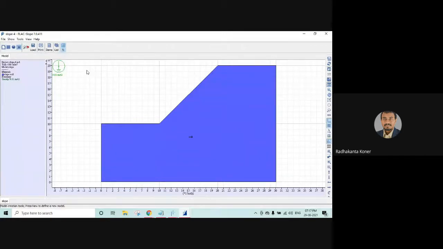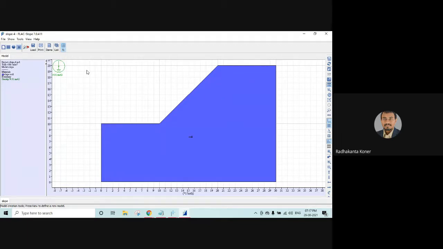So in any calculation we do in FLAC, there is one parameter called unbalanced force. What we practiced earlier, in the initial days, is to put the unbalanced force as a history parameter. So we put inside the command the unbalanced force as a history parameter.